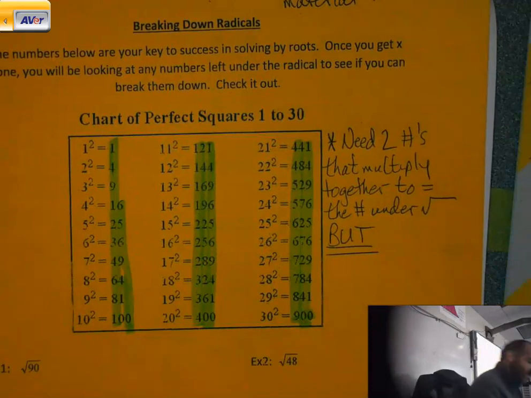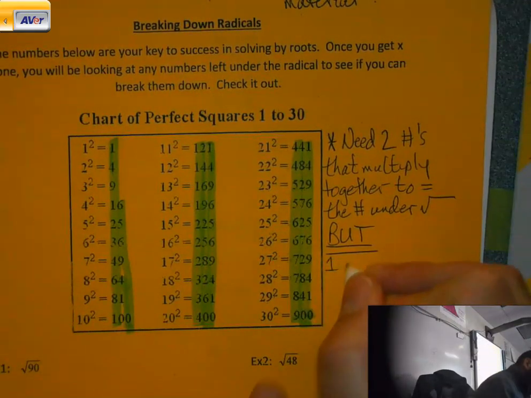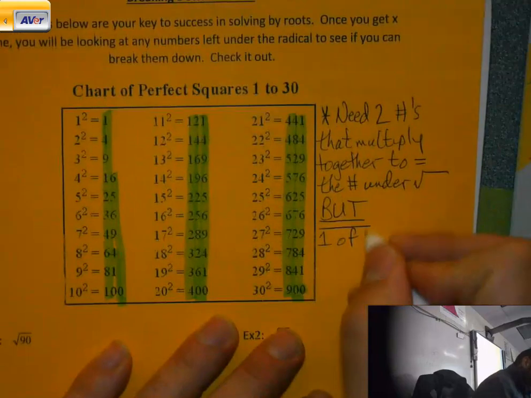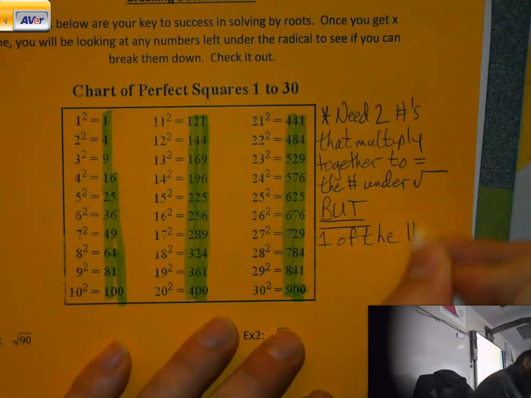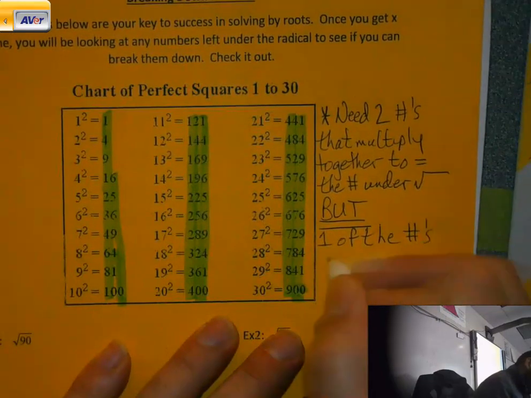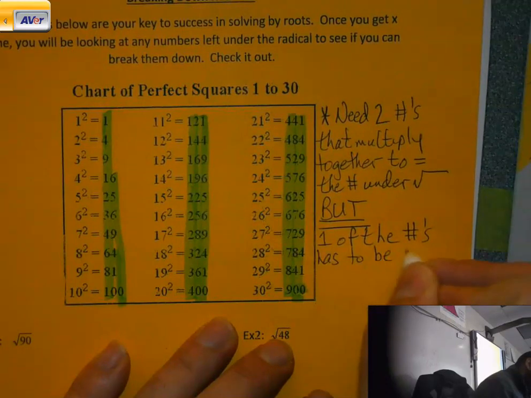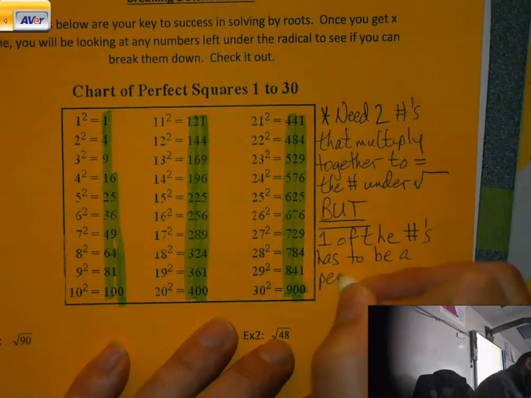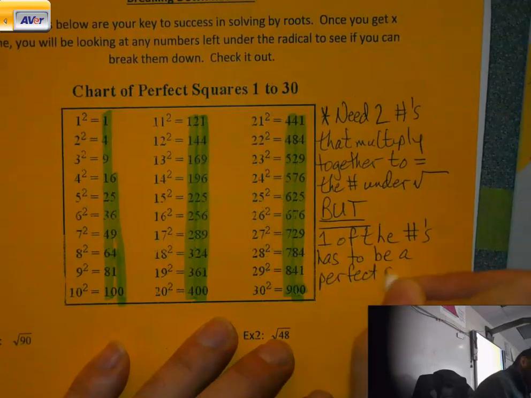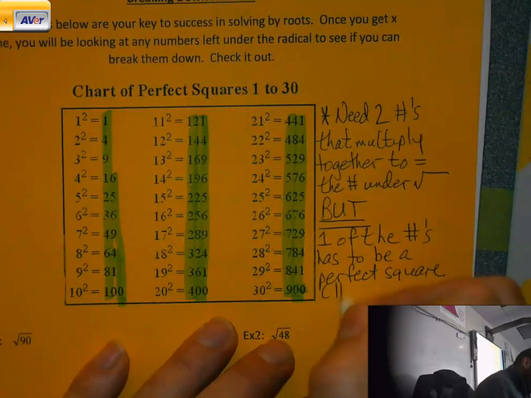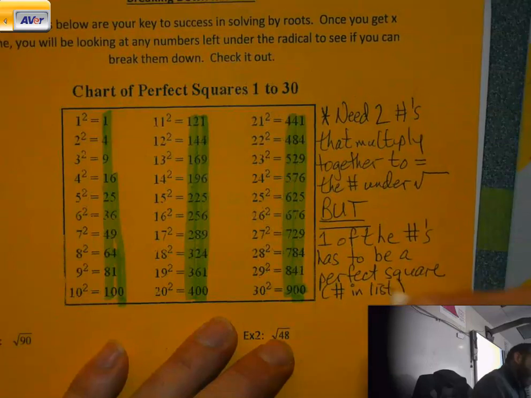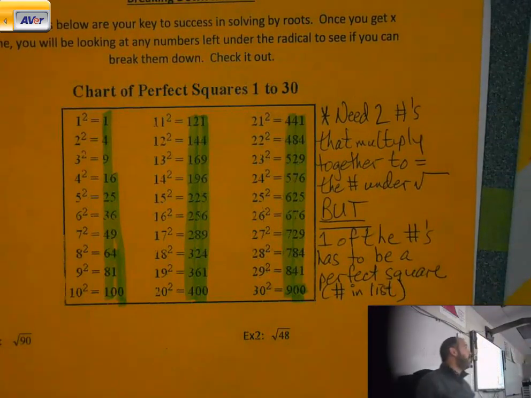But one of the numbers has to be a perfect square. In other words, it has to be a number in the list that we highlighted.